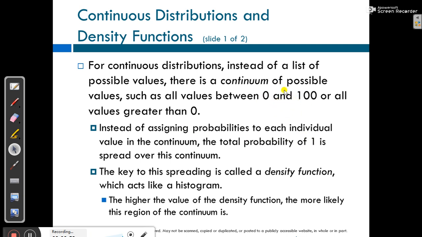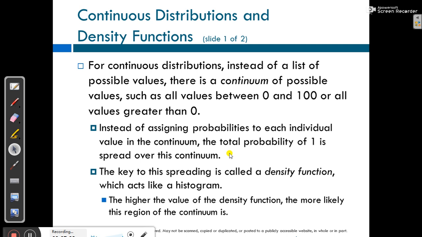Because in that range the values are continuous but not discrete, we cannot take a specific probability value for any value. We will take a distribution of probability, spreading the one all over this range or continuum. The key to spreading is called the density function. How the probability 1 is distributed over all data in a range is defined by the density function, which acts like a histogram.